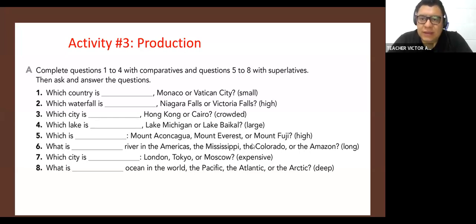Okay, I think that they had enough time. Now I'm closing the breakout rooms so that we can check these answers together. All right, so I'm closing the room. They have 60 seconds to complete this activity.